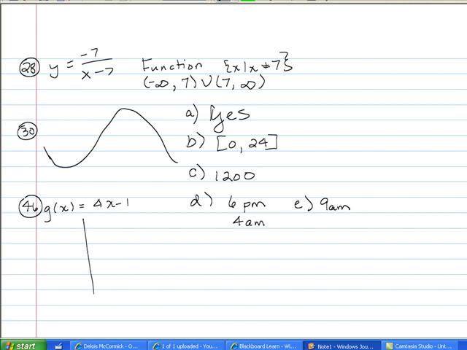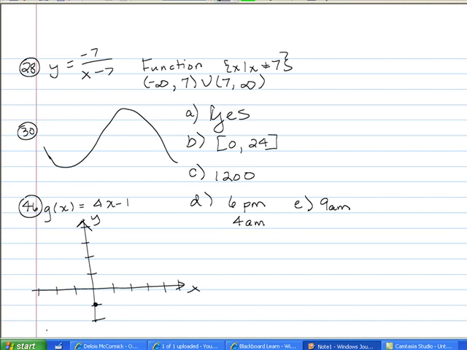And graph paper would be better. But anyway, our y-intercept is -1. Our slope is 4, so we're going to go up 4, 2, 4, and over 1. And there's our function.